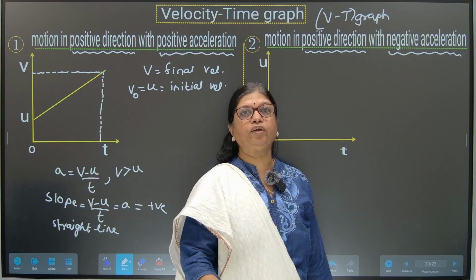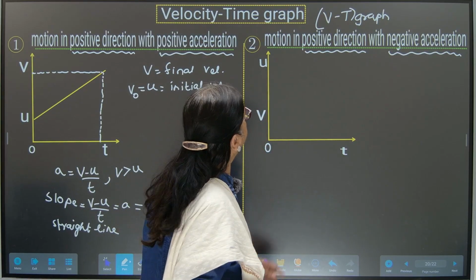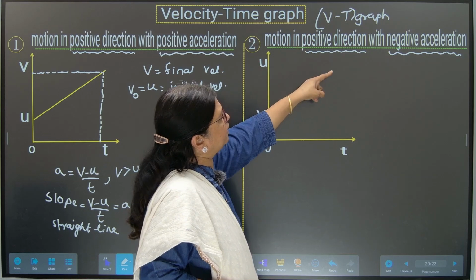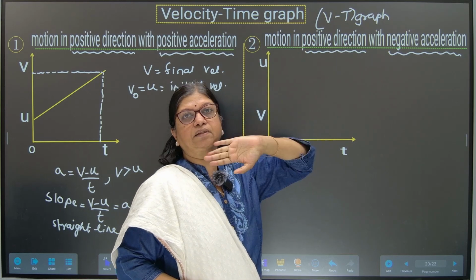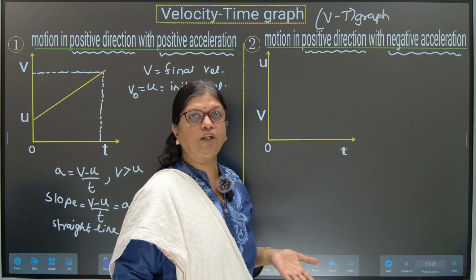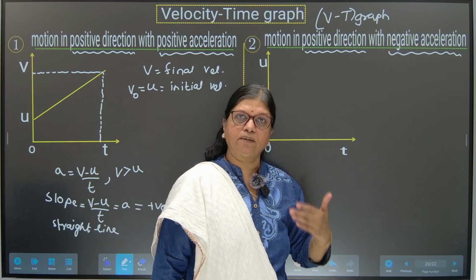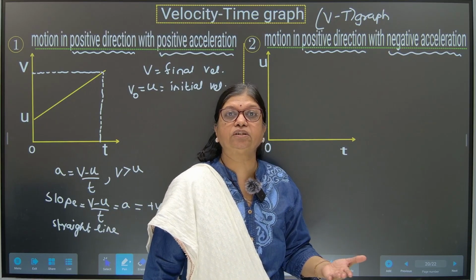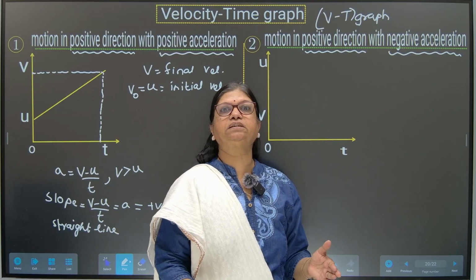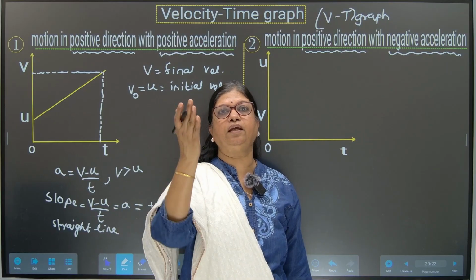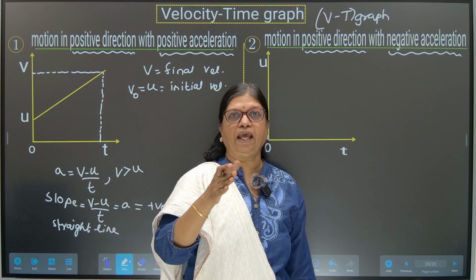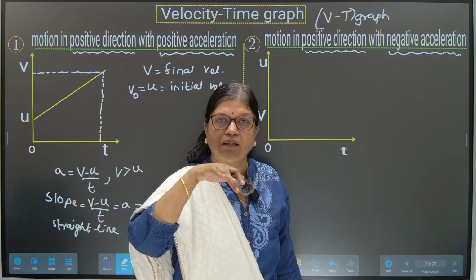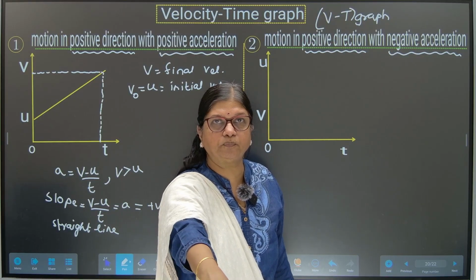So now we move to another condition where the motion of the body is in positive direction but with negative acceleration. What is the meaning of positive direction? The body is moving forward but acceleration is negative. It's just like you are going in a vehicle and then suddenly the brake is applied and the particular vehicle has stopped.